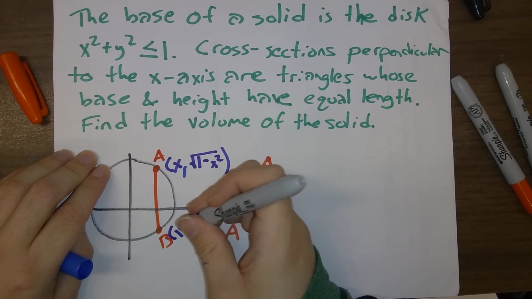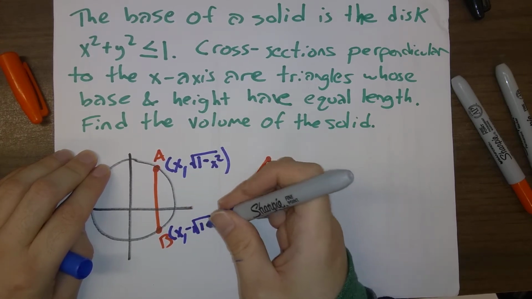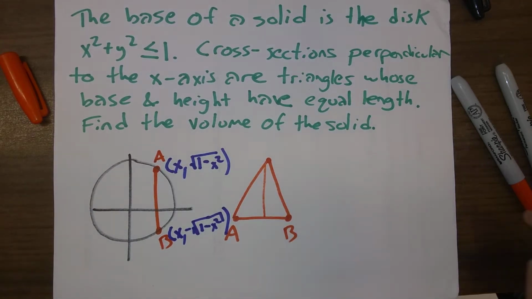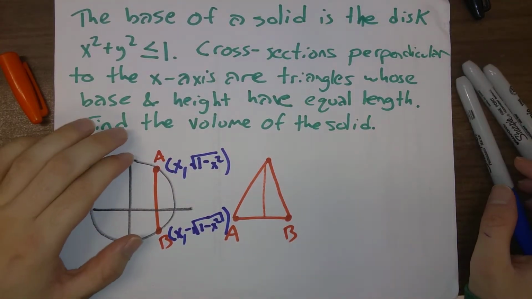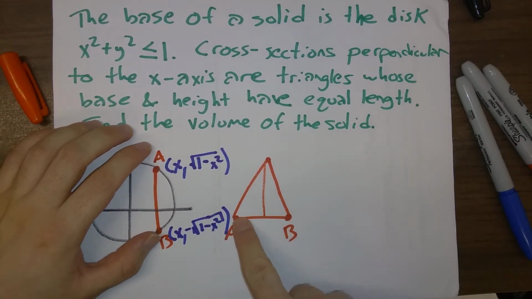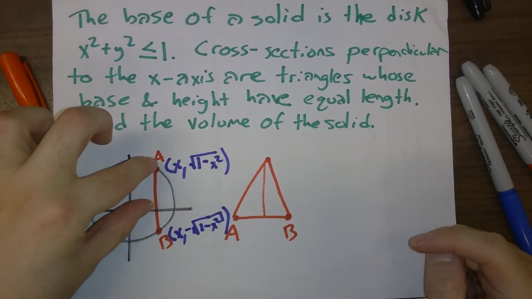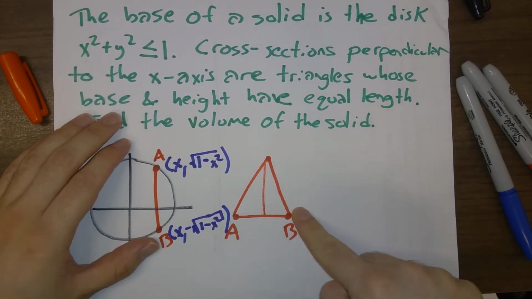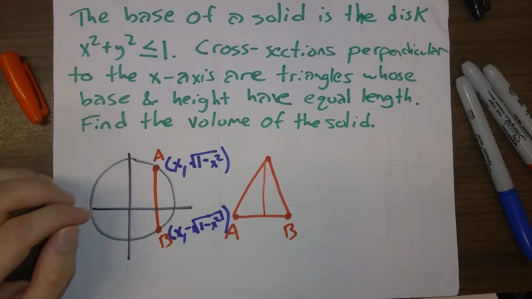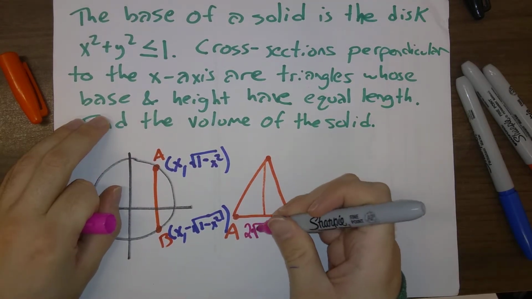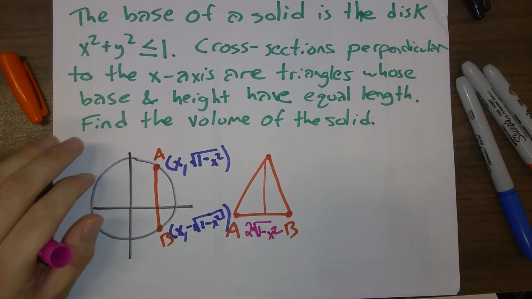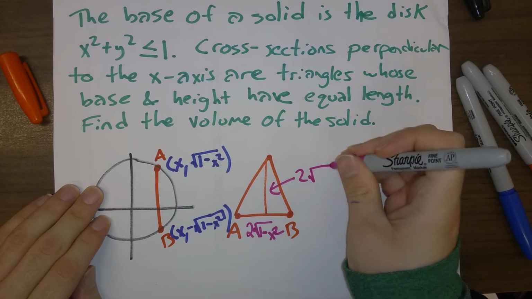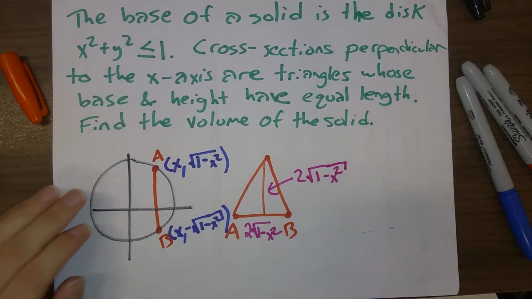And down here, B is at x comma minus the square root of 1 minus x squared. So from A to B, this is 2 times the square root of 1 minus x squared. And we're told the base and height have equal length, so the height is also 2 times the square root of 1 minus x squared.